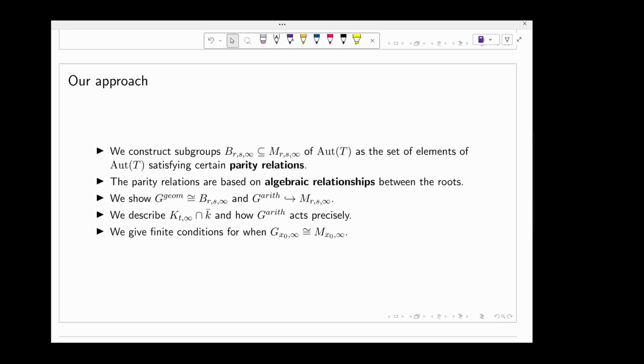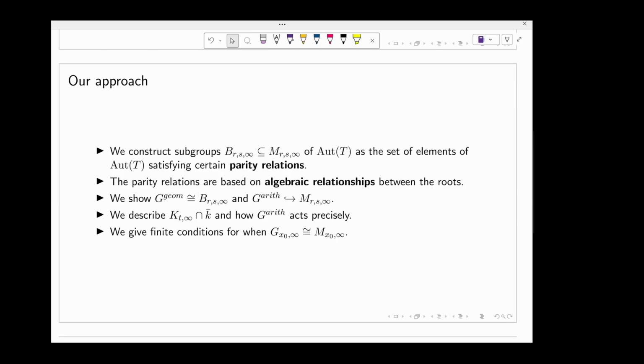We also show that the B group we construct is isomorphic to the G-geom group that Pink constructs. And we show that the G-geom group that we defined on the first slide, using some of Pink's work. And we also independently show that the arithmetic Galois group has to embed in this M group that we defined, and that under certain conditions, it's isomorphic to that group.